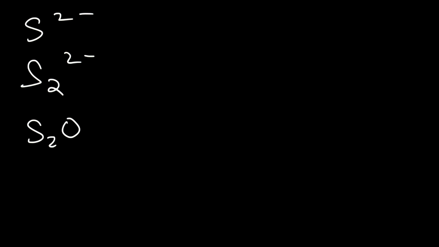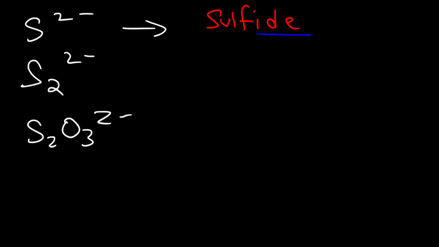Now what about S2-, S2 2-, and S2O3 2-? What are the names of these ions? Now we mentioned that S2- is known as sulfide. We talked about that before. It has the ending IDE. It doesn't have any oxygens attached to it. The next one is a polyatomic ion without any oxygens.